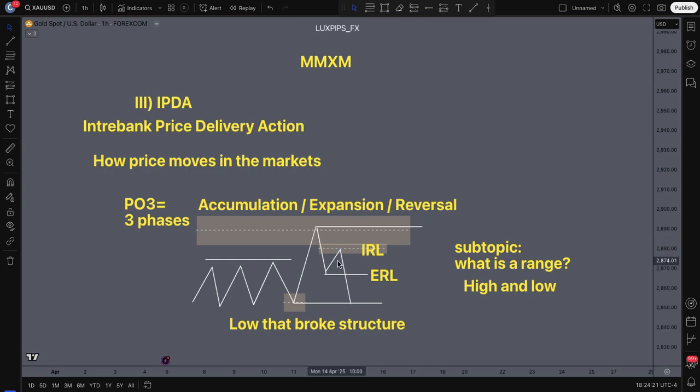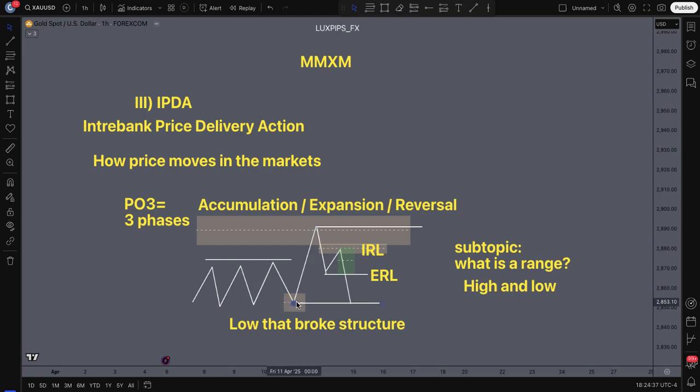So just this little snippet of price action right here, you can make a lot of money from this IRL to ERL.